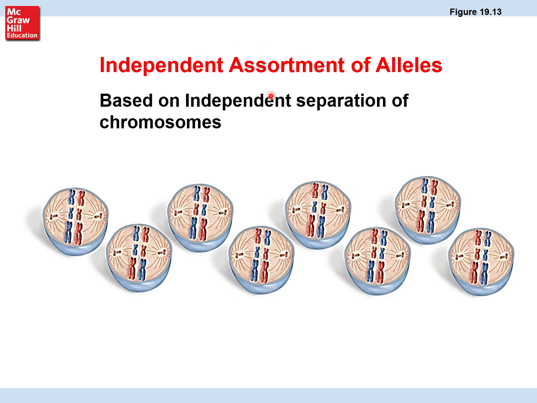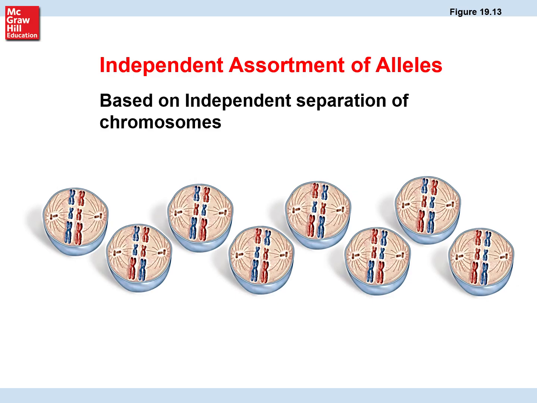This independent assortment of alleles and separation are the mechanism that describe what I told you in class a couple of days ago, which is that the point of sexual reproduction is diversity, diversity, diversity. We have 20,000 genes, of which we generally have one copy from each parent.